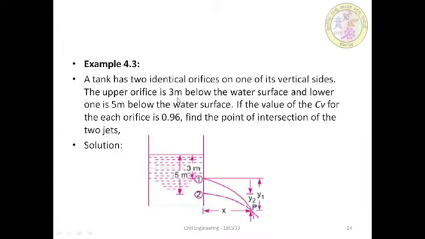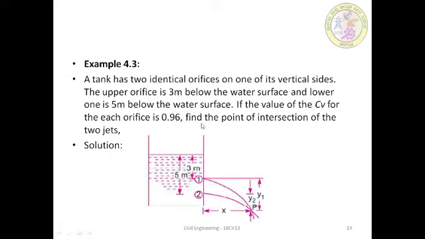The upper orifice is 3 meter below the water surface, and the lower one is 5 meter below the water surface. So these are the locations of the orifices. The value of CV, the coefficient of velocity, for each orifice is 0.96.